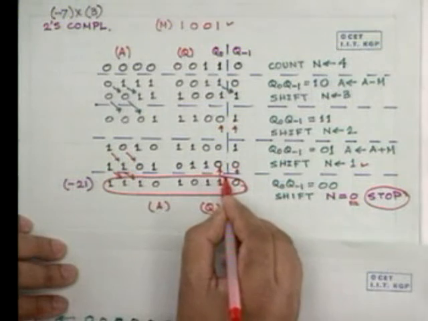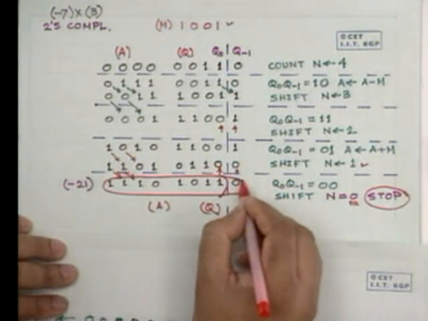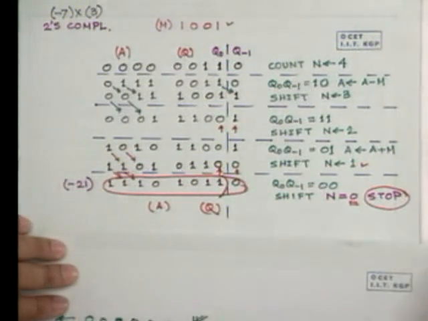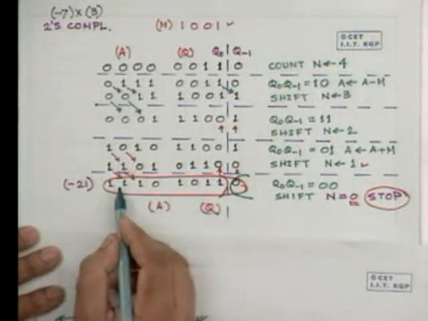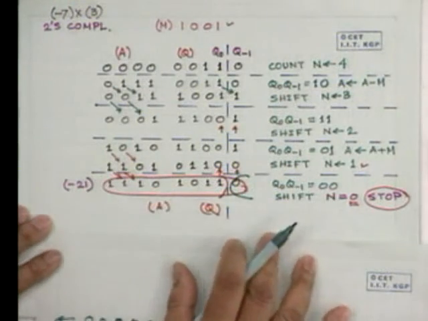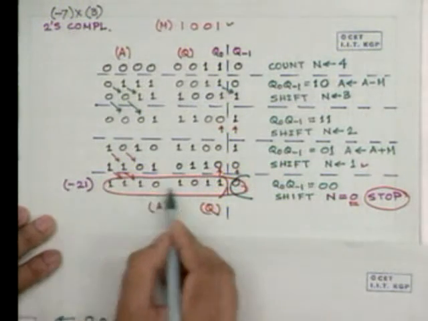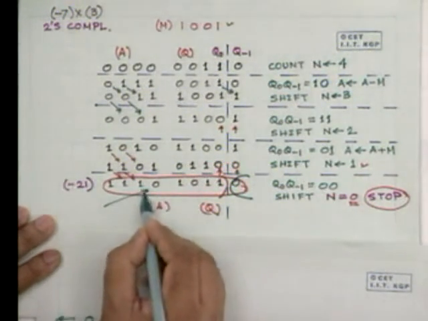I'm sorry, up to this, Q minus 1 is not taken into consideration for the result. Therefore this is the result, which you find is minus 21 in 2's complement representation.